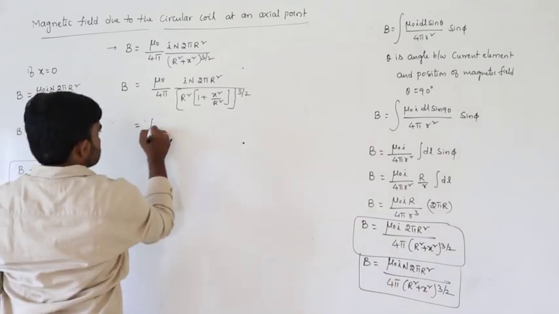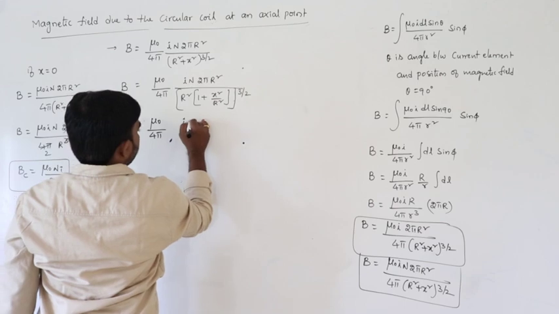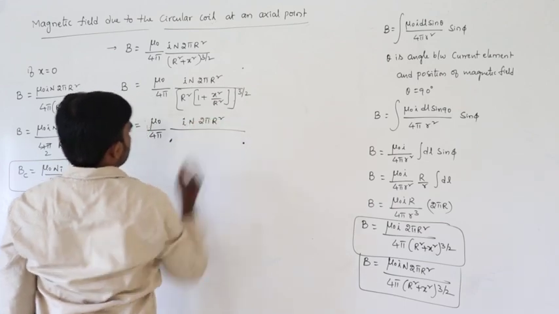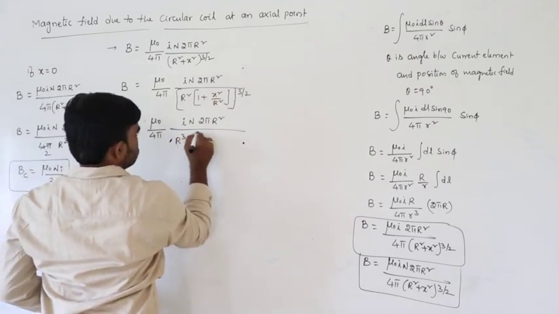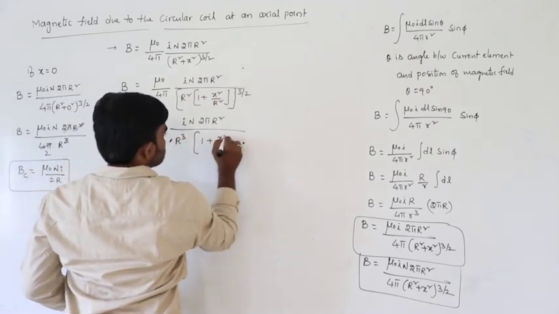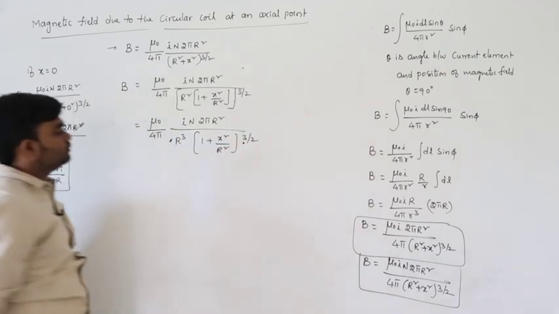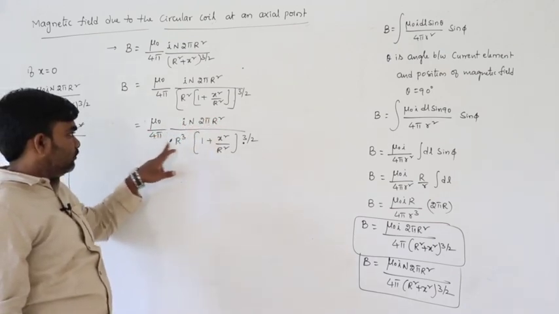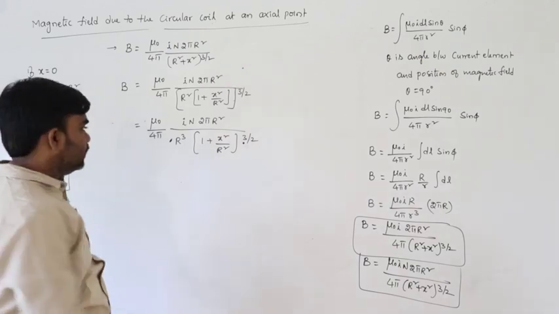So that is equal to mu naught by 4 pi I n 2 pi r square divided by r square common, r square whole power 3 by 2, this is r cube into 1 plus x square by r square whole power 3 by 2. Mu naught I n 2 pi r square divided by 4 pi r cube into 1 plus x square by r square whole power 3 by 2.